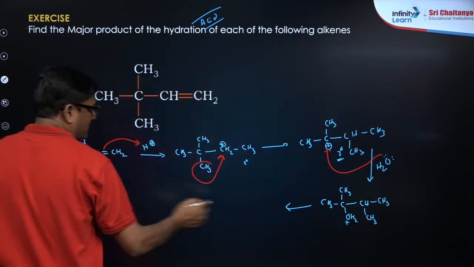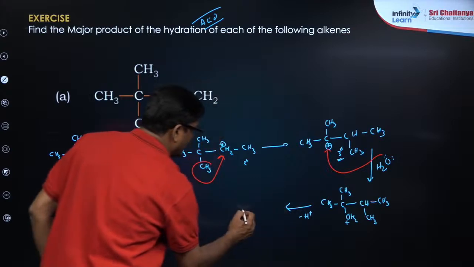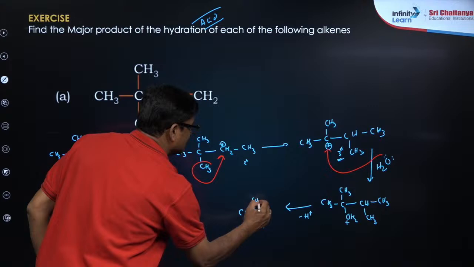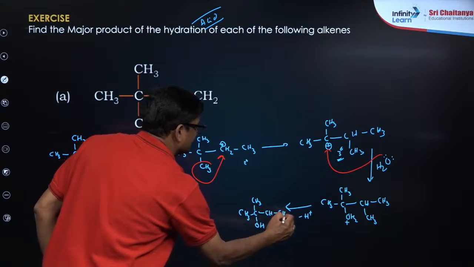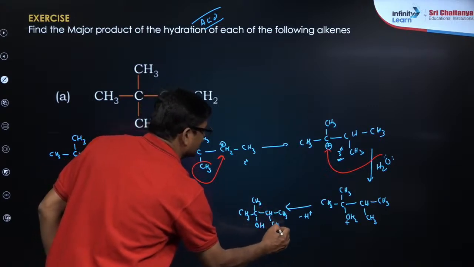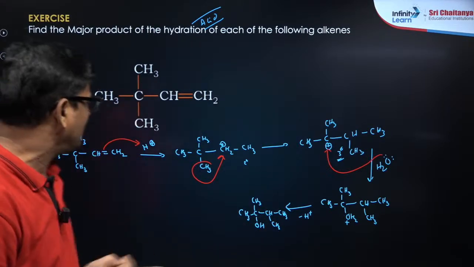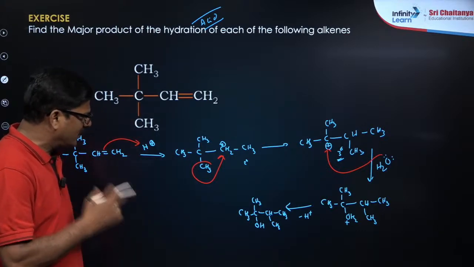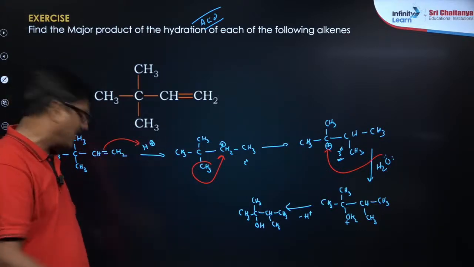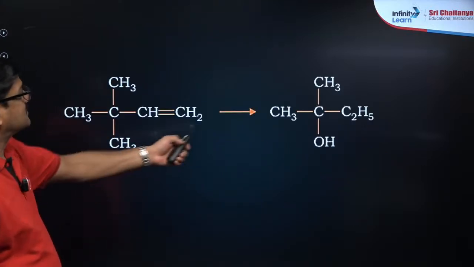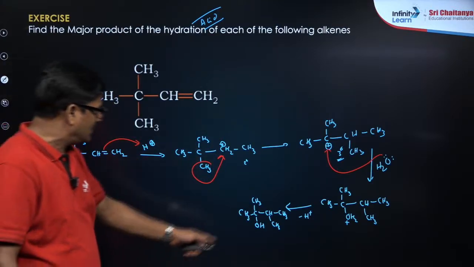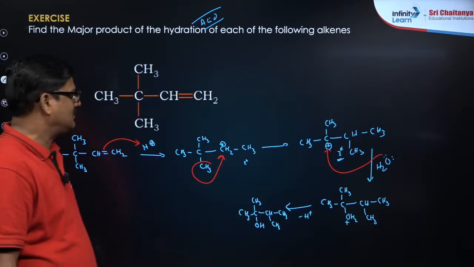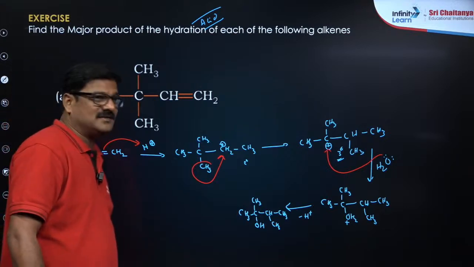Now it is going to lose a proton from here, and your product is going to be CH3, OH, CH3, CH, CH3 and CH3. So in a simple way, by rearranging the carbocation, you get 2,3-dimethylbutan-2-ol. Its product will look like this, C2H5. Are you getting it or not? Understand? Clear? That's fine. Here, Richa, hope you understand.